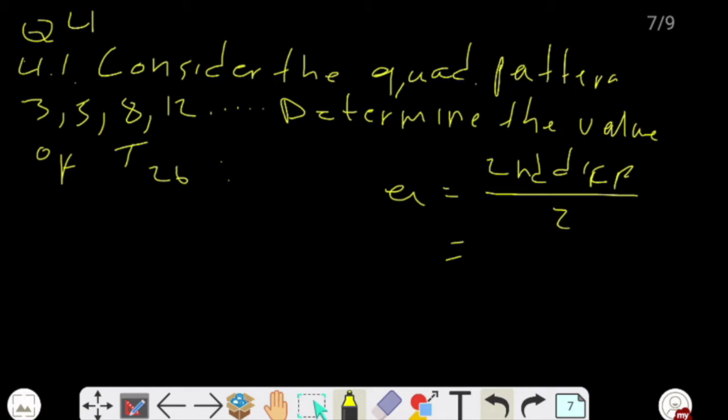Now let's get our second difference in this sequence, right?